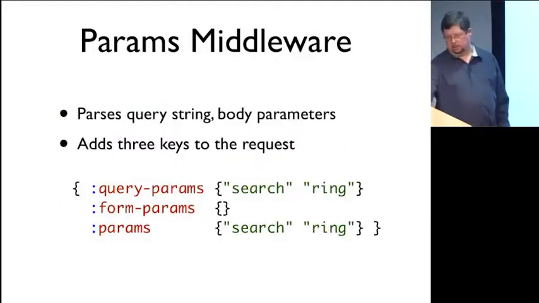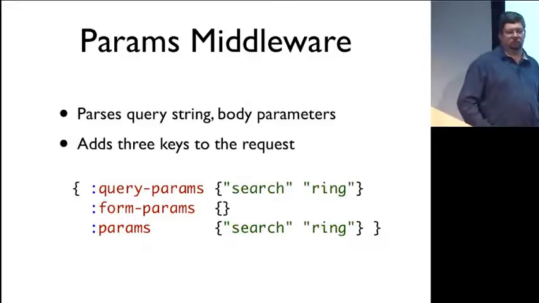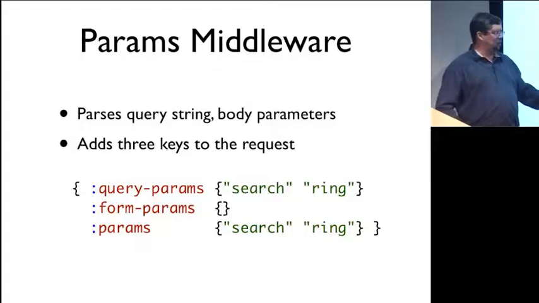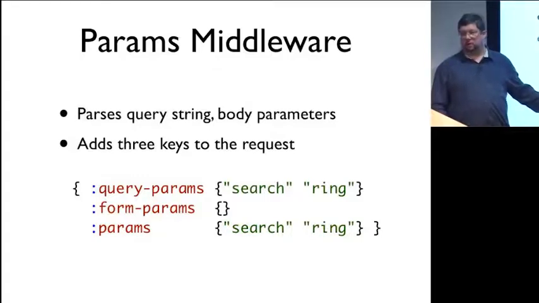The Params middleware parses that query string, and it adds 3 new keys to the request. It parses the query string, and if there's a body that is one of the types of bodies that indicates these are form parameters, it'll parse that body as well. So it adds 3 new keys to the request.